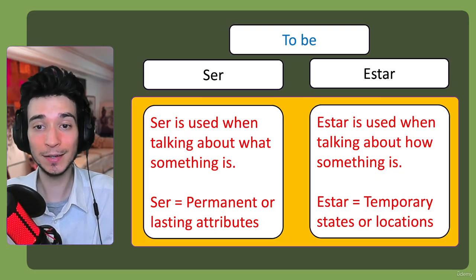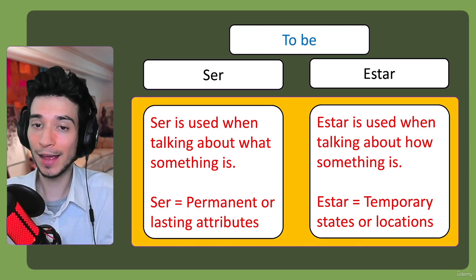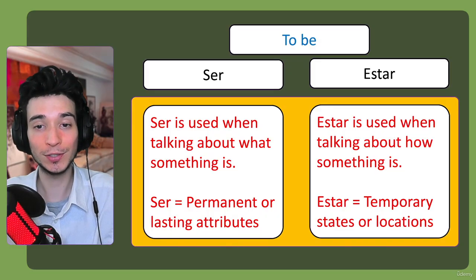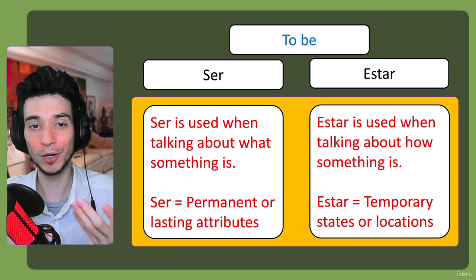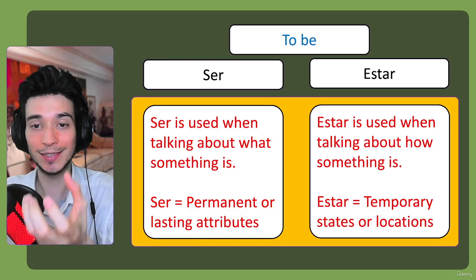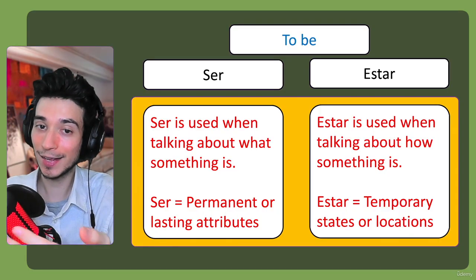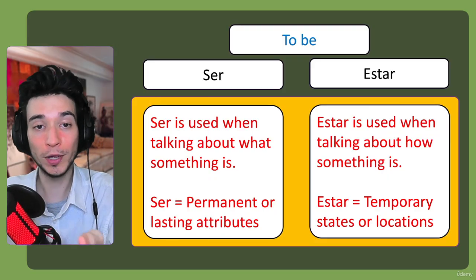And estar is used when talking about how something is, and is related to temporary states or locations. So when something is temporarily small, or in a specific state for a temporary time, we use estar. We also use estar whenever we're talking about locations.